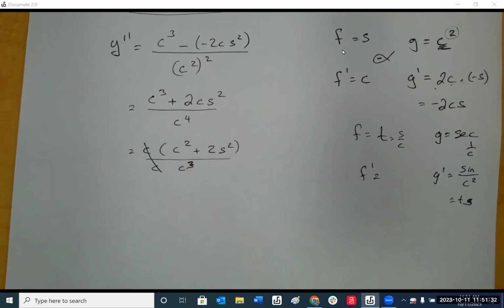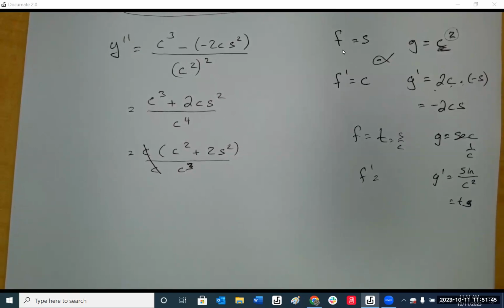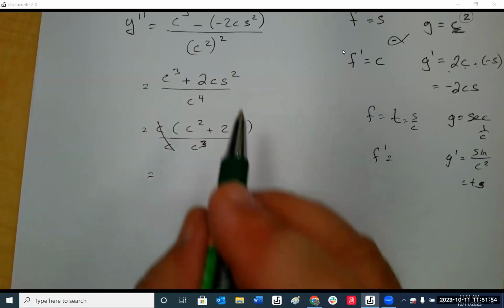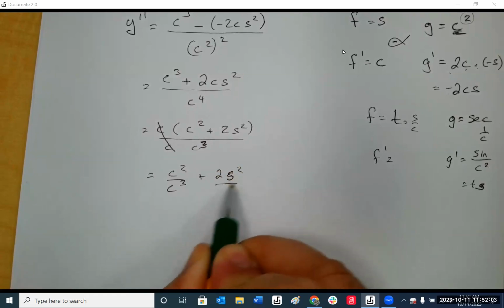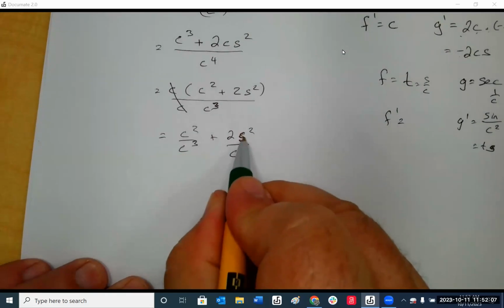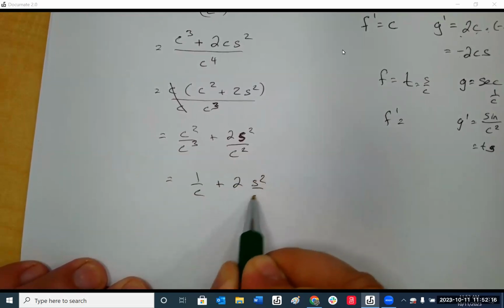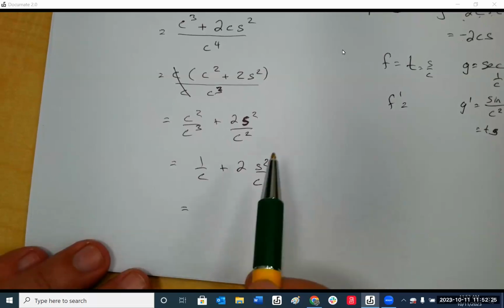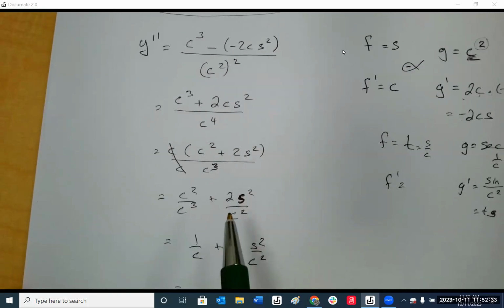We have only cosine cubed on the bottom. Well, it was cosine cubed, but we took out a cosine here. So yes, it should be cubed.